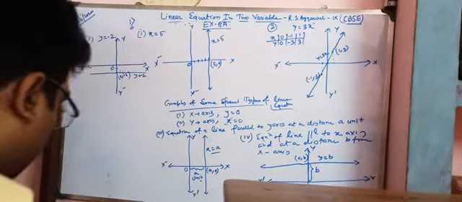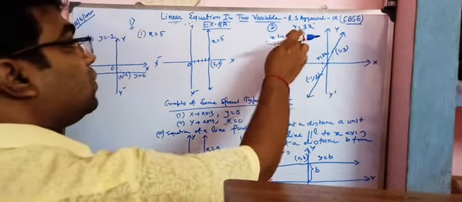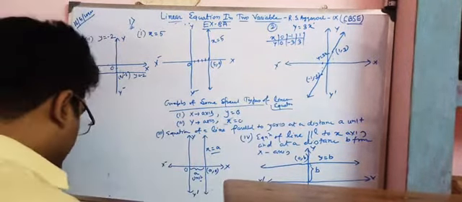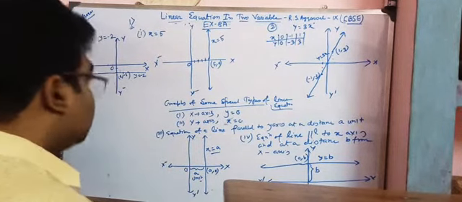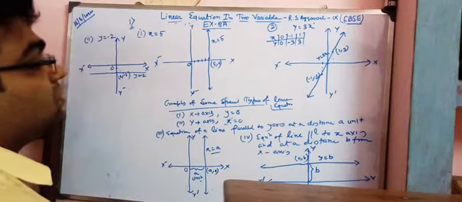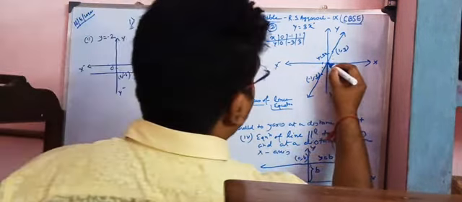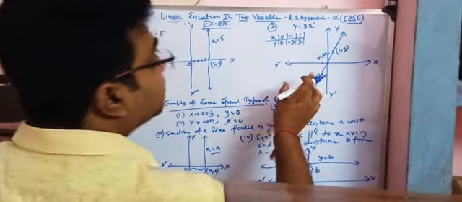Okay, now we have to compute from the graph, not the equation. Remember that. From the graph, the value of y when x is equal to minus 2. Actually, this is a rough sketch.